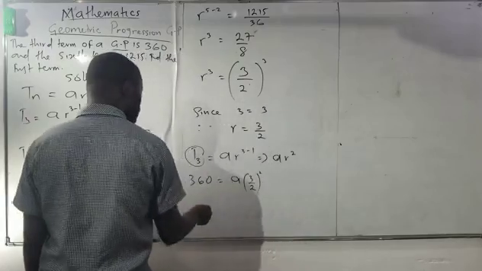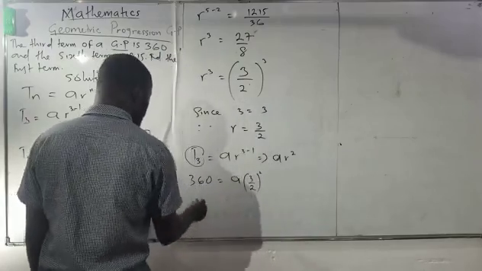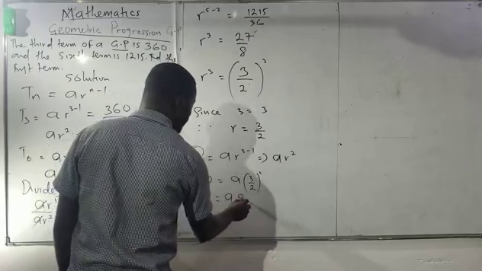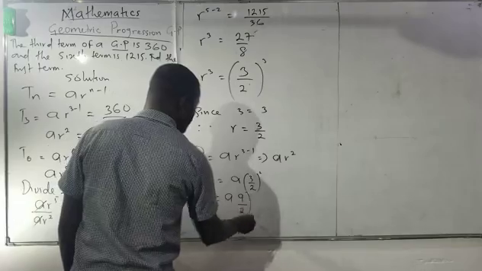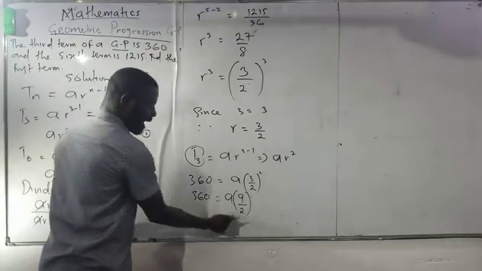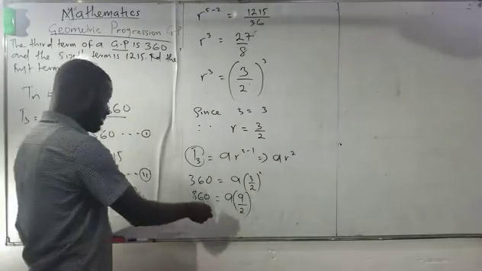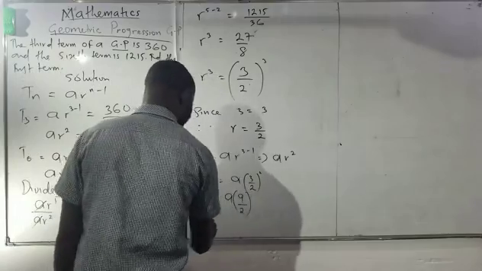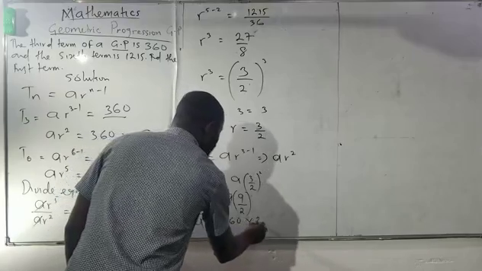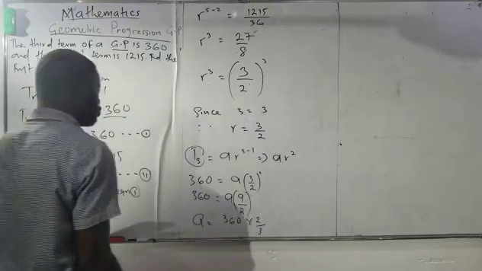Now, can I cross multiply? Which is, I'll be having 360 equals to a times 9 all over 2. Now, when you have something like this, I will reciprocate and multiply both sides by the reciprocal, which is, my a will be equals to 360 multiplied by 2 all over 9.